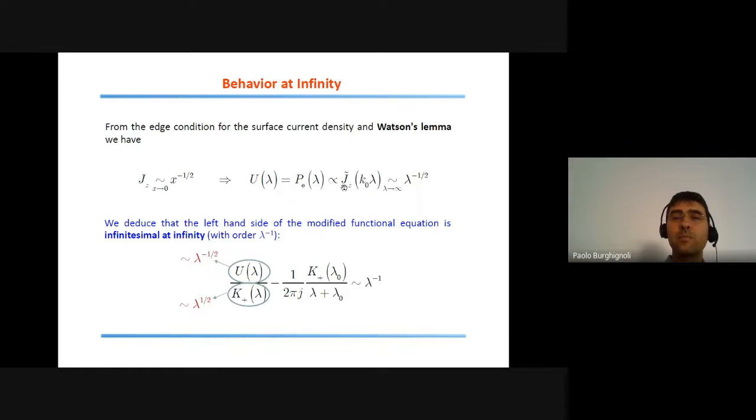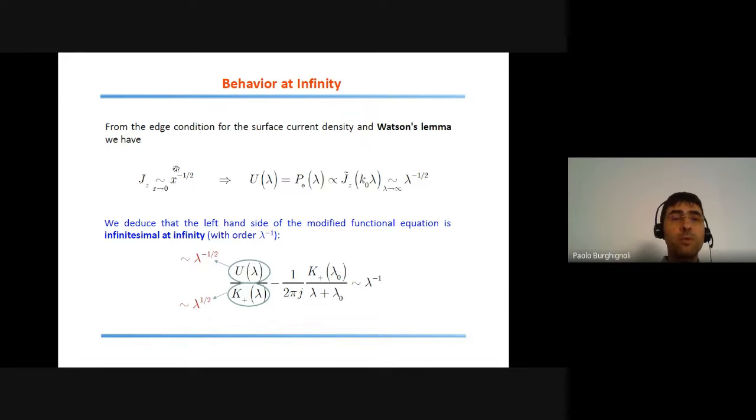And the spectral current, J tilde, is the Fourier transform of the current J. If we know the behavior of the current in the vicinity of the edge of the half plane, then by Watson's lemma, we will be able to find the behavior at infinity of its Fourier transform.